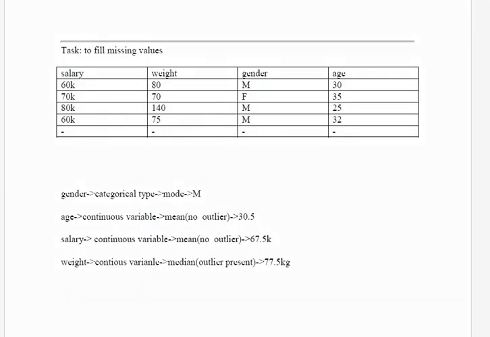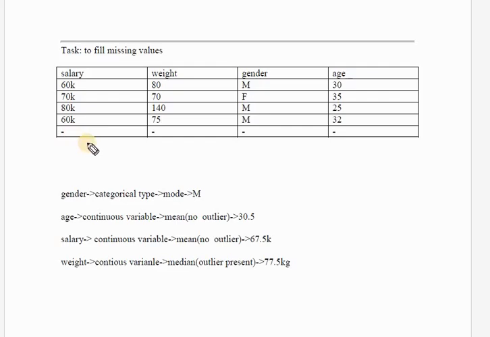Now let's see one simple small task. Consider we have data like this in table format. We have missing values here. When we are doing data processing, we have to complete this data by filling the missing values, so let's see what to apply.